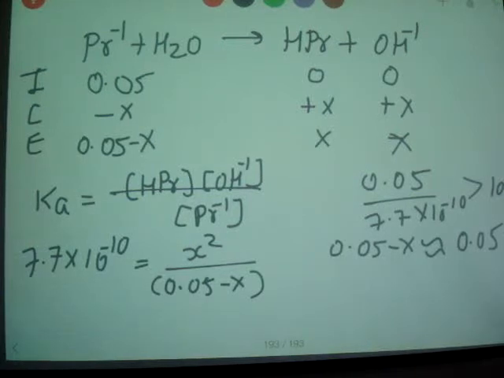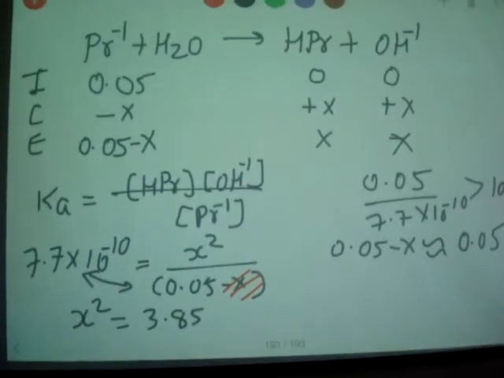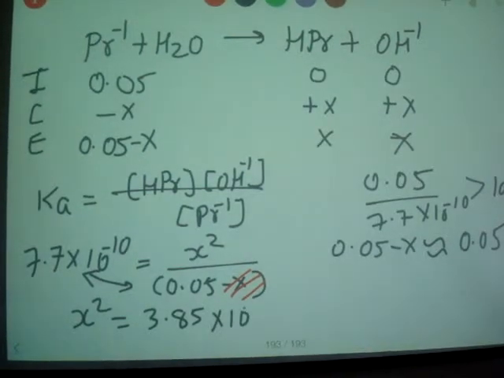So we will discard that. When you discard, you get x squared, and multiplying these two you get 3.85 times 10 to minus 11.